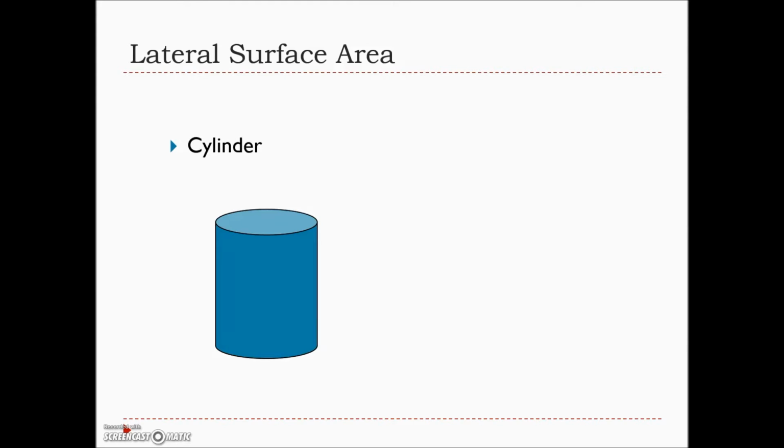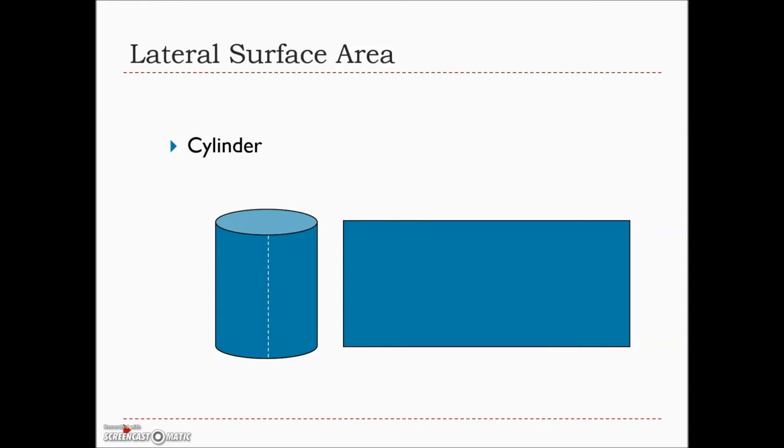To find the lateral surface area of a cylinder, if you cut a cylinder vertically and open that piece up, it forms a rectangle where the width here of that rectangle is formed from the circumference, or the distance around that cylinder originally.